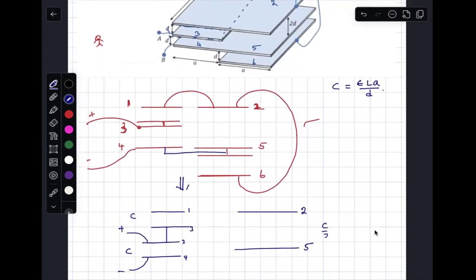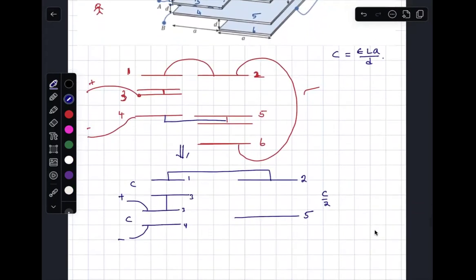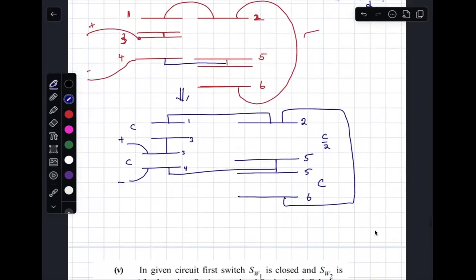This is C by 2. Connected like this. Next, 5 and 6 is again C. And 4 and 5 are also connected. Right. And these two are again connected. In fact, that is your circuit, actually.